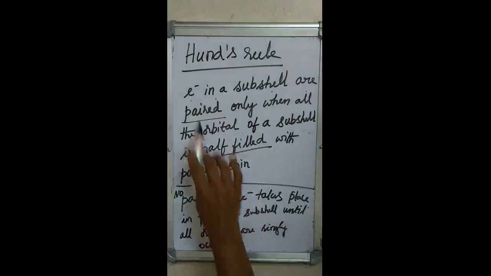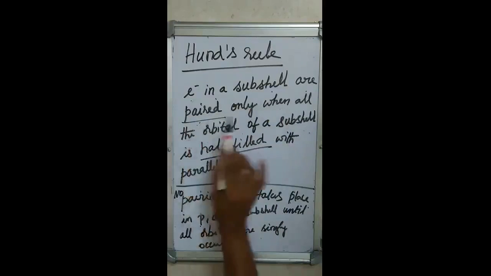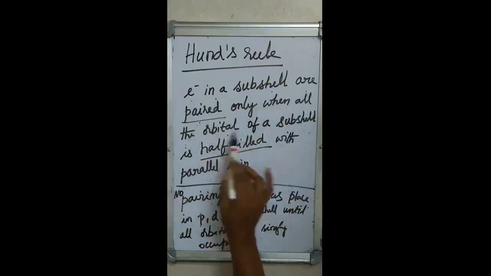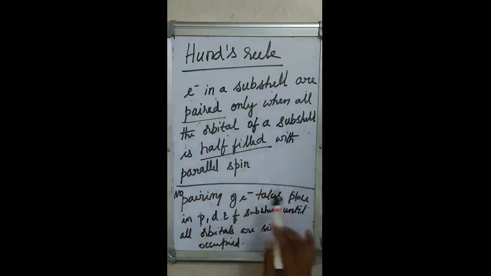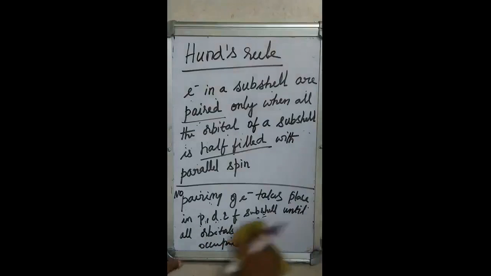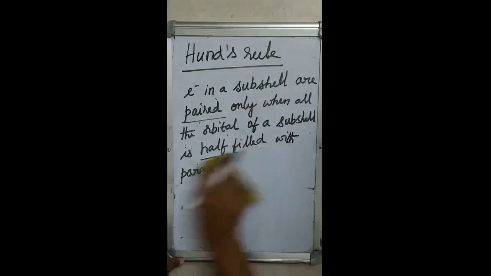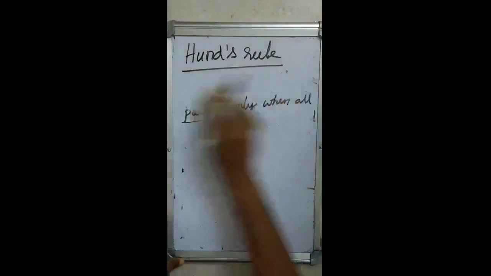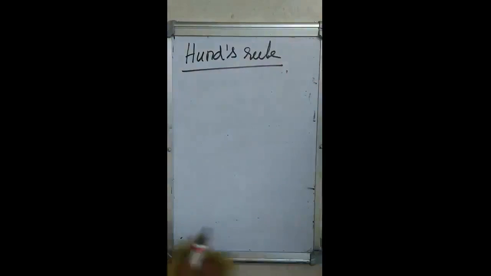Electrons in a subshell are paired only when all the orbitals of the subshell are half filled with parallel spin. Or I can write it like this also: no pairing of electrons takes place in p, d and f subshells until all the orbitals are singly occupied. I will show you how, first explaining one by one.